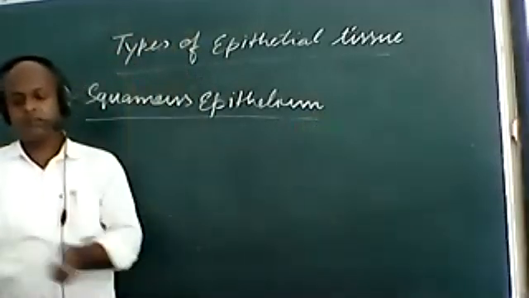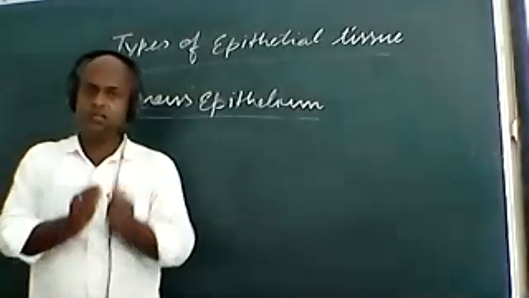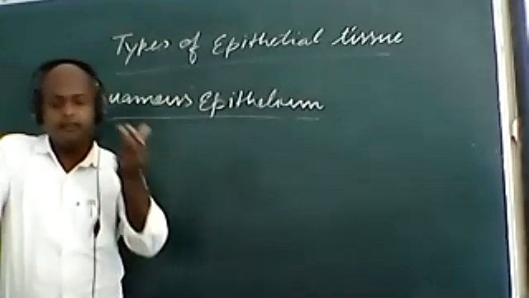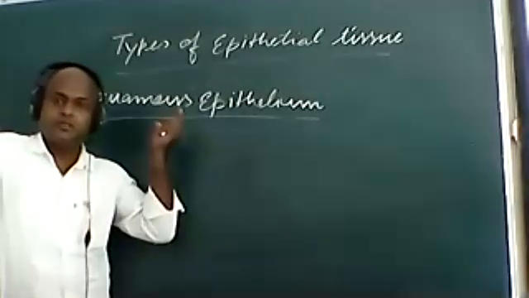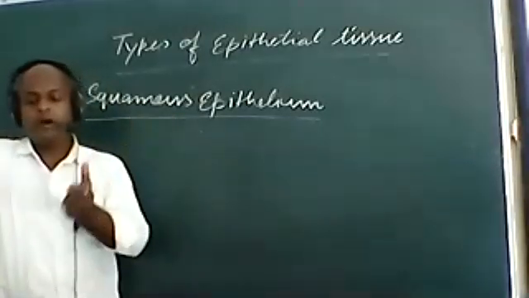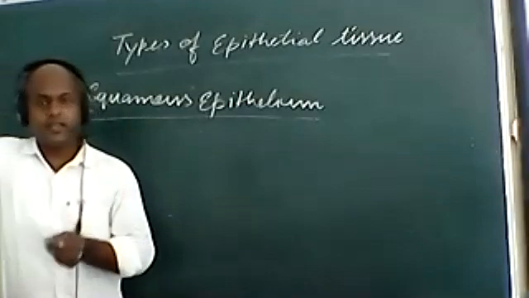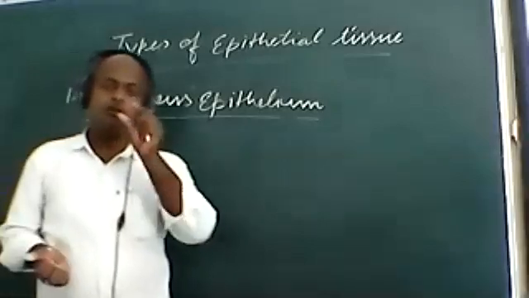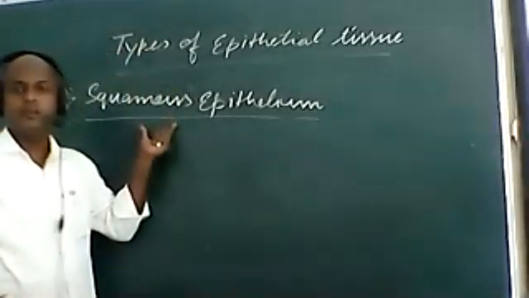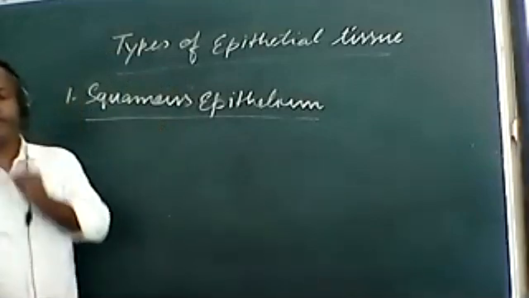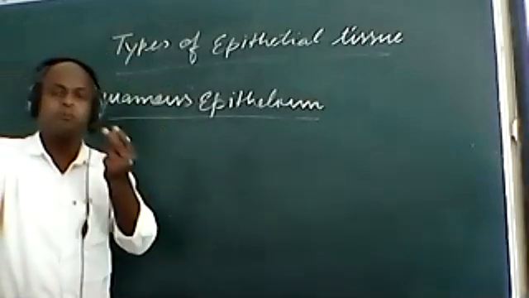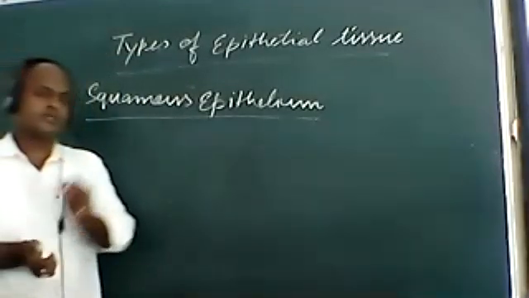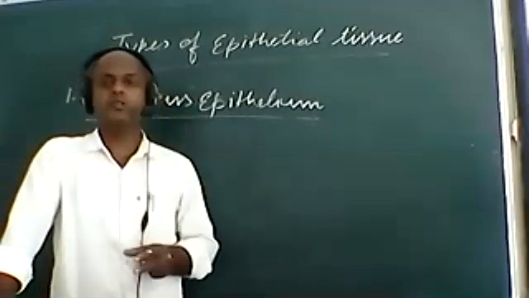This squamous epithelial tissue is made up of thin, flat, disc-like, or we can say polygonal cells. If you see the condition of the nucleus of squamous epithelium, then the nucleus is rounded, or we can say that it is bulging in condition. Bulging मतलब उभरा हुआ, फुला हुआ condition होता है, and it is located in the central position of the cell.